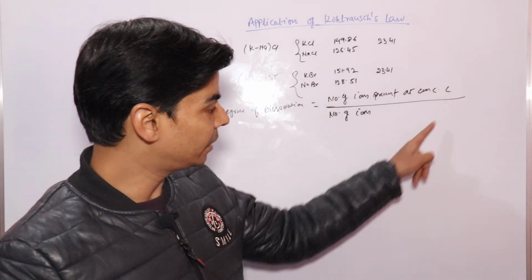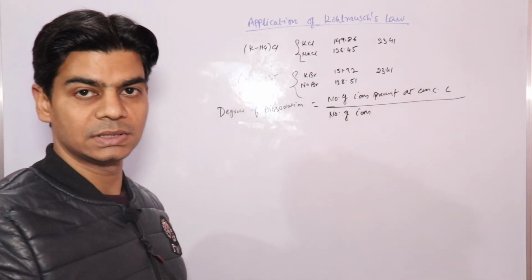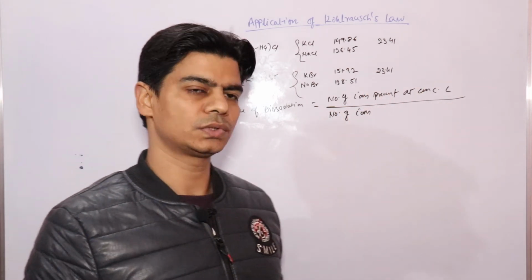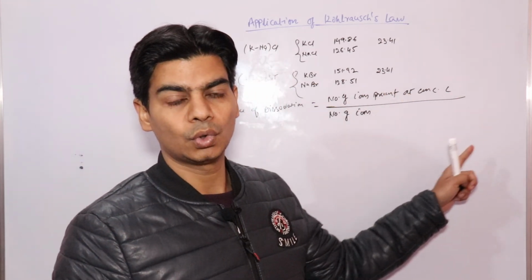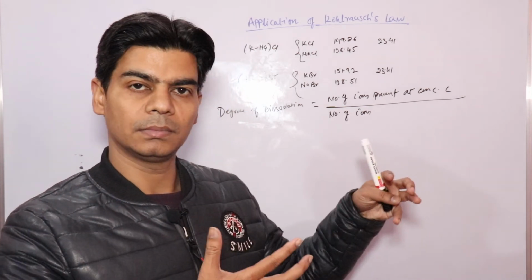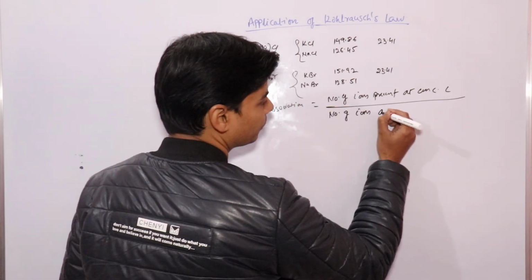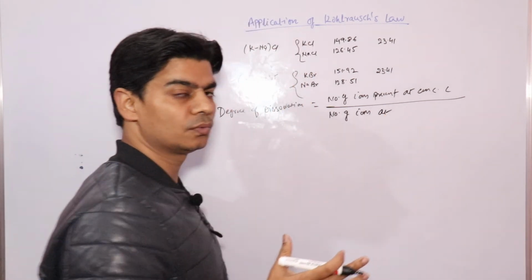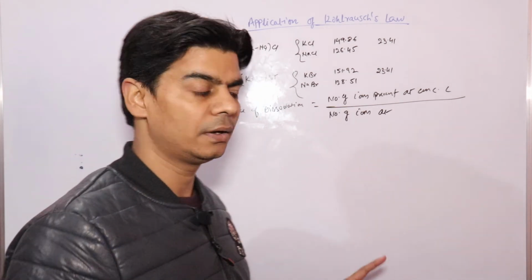So here we will write it as the number of ions dissociated at concentration C divided by the total number of ions. Total number of ions means when the electrolyte is completely dissociated, which happens at infinite dilution, right?